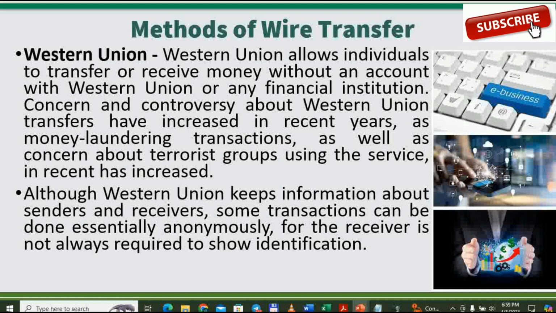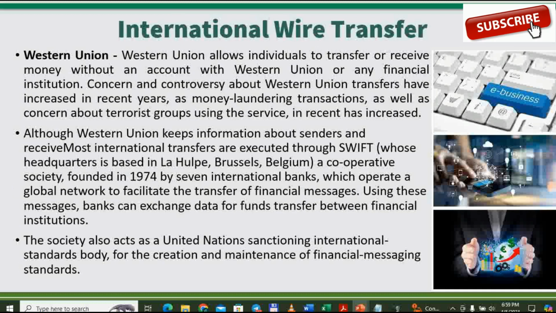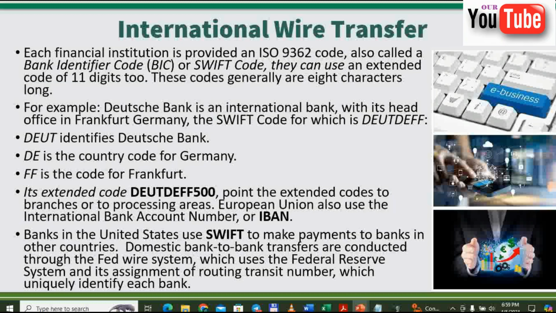We also have international wire transfers, where individuals can transfer and receive money without necessarily having an account with the bank that is going to effect the transfer. There's a little history of Western Union here, but I'm not going into that. Just read them up.